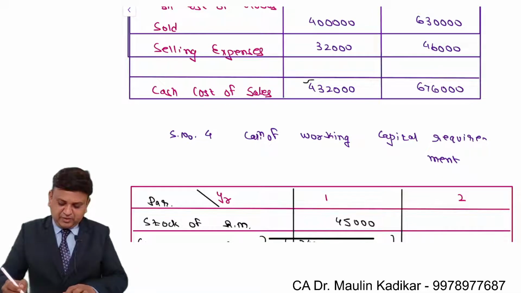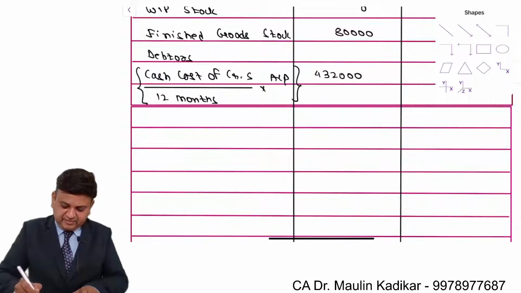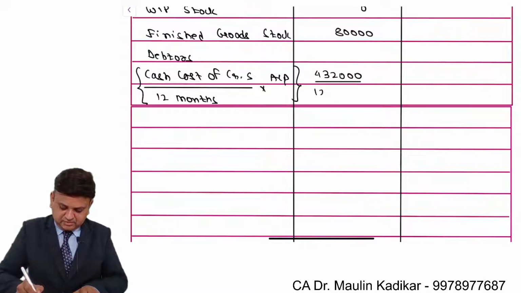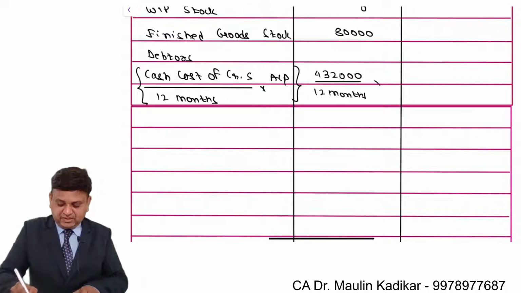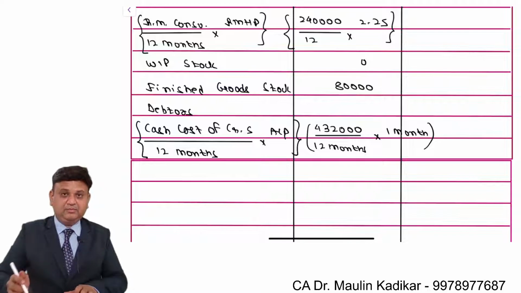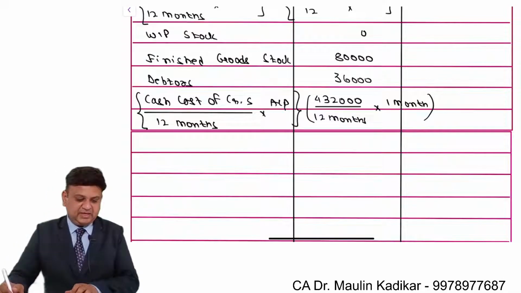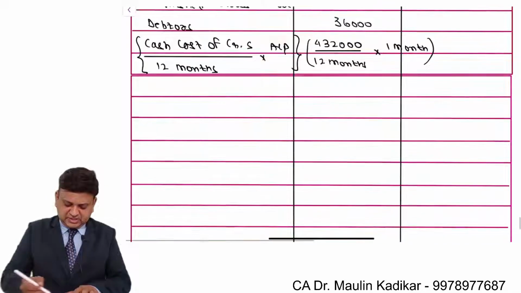It is an amount of 4,32,000 divided by 12 months into average collection period of 1 month. So 4,32,000 divided by 12 comes to 36,000. Next is the cash balance, which is given to us as 10,000.